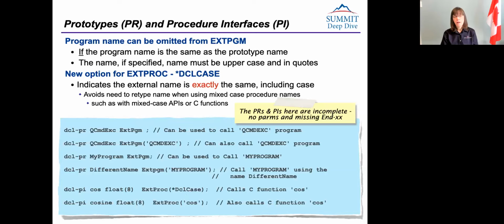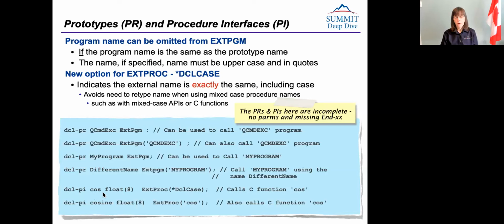There's also a new option, relatively new anyway, for calling procedures, which is particularly important if you're calling non-RPG procedures, but even RPG procedures sometimes, which is the declare case. Because they are case sensitive, and as I mentioned before, the RPG compiler wants to uppercase things. So what this is saying is that the external procedure name is exactly the case as it is declared. So it's all lowercase.